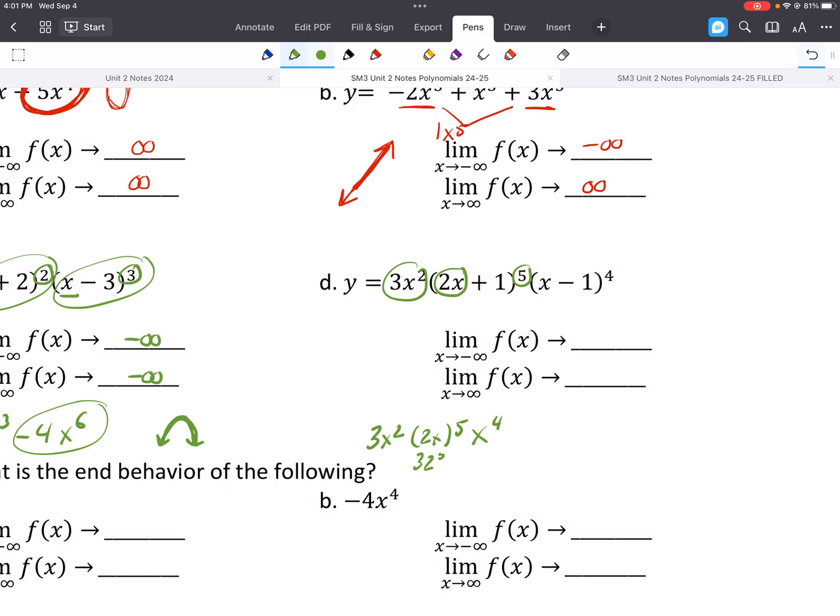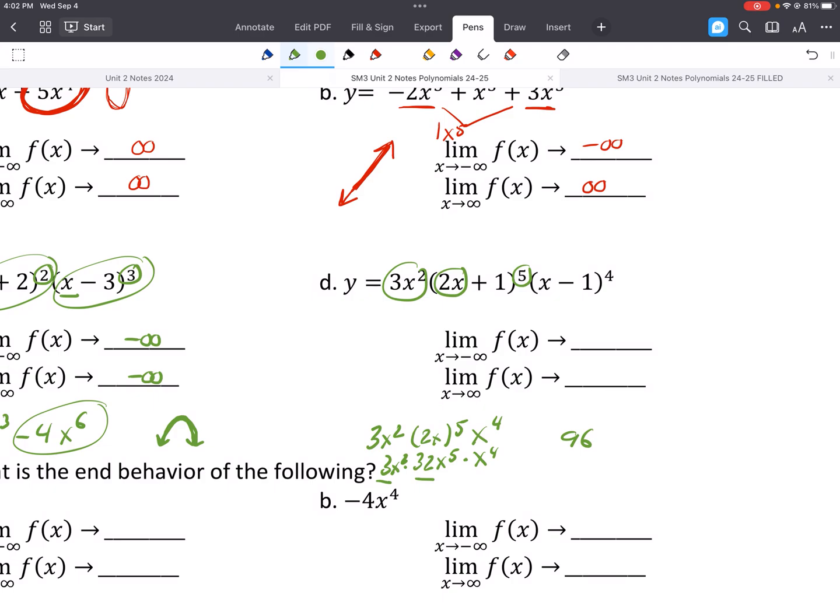Oops, I already did that part. Okay. Hopefully I didn't mess that up. And then we need to multiply that by 3. So that's what, 96? So 96. Again, the number doesn't matter so much, it's the sign.